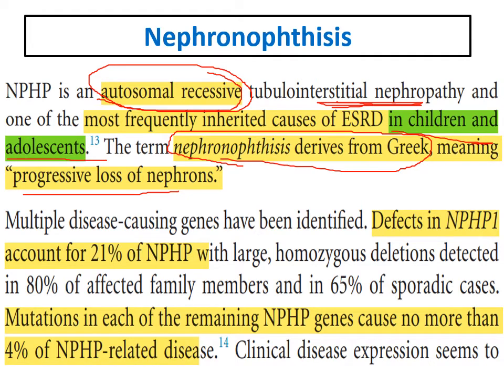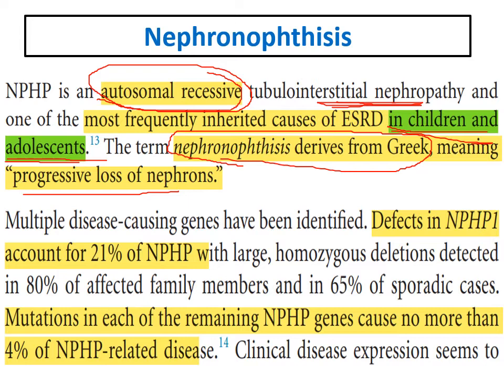It occurs at a much older age than autosomal recessive polycystic kidney disease. We said that the latter is usually in infancy and before 5 to 7 years of age, but nephronophthisis is a very common cause in children and adolescents.